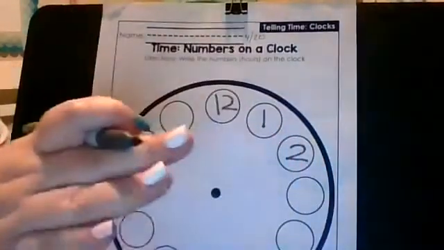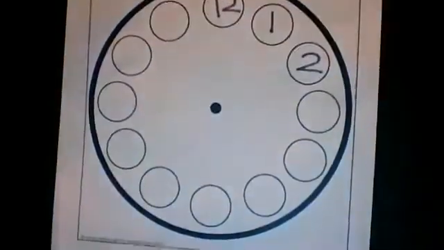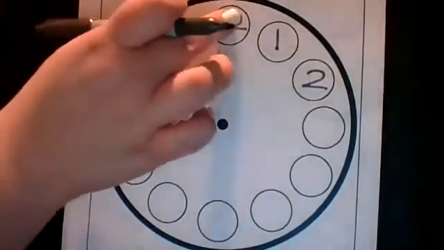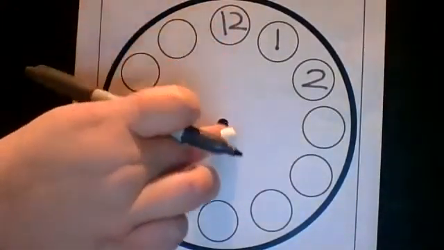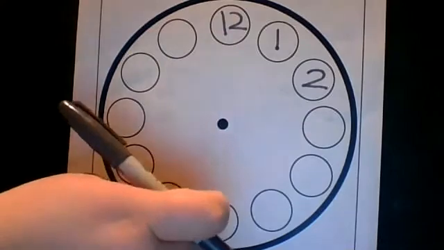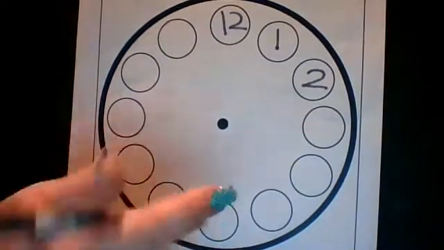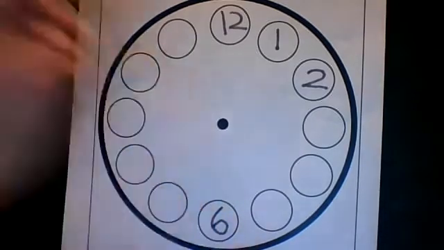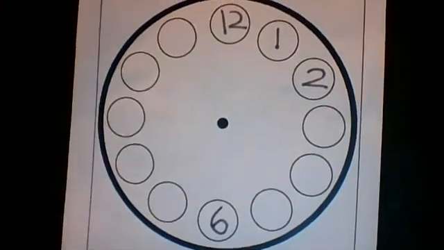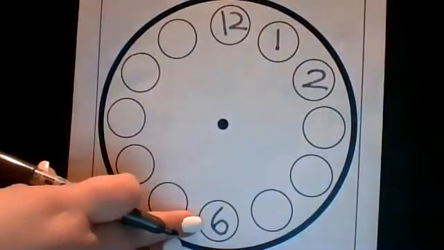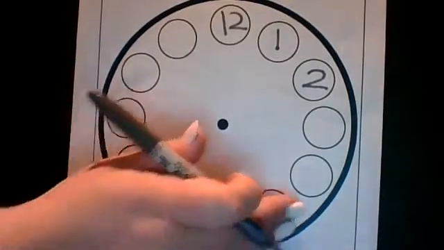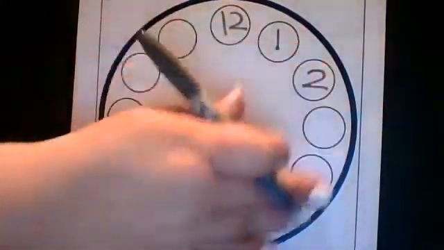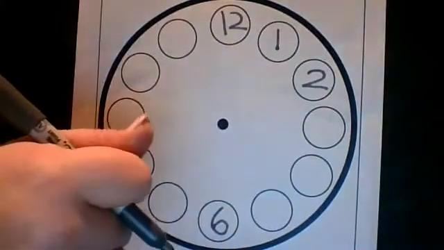Before we get too much farther, I want you to find the circle that is straight at the bottom, right here. In this circle, we're going to write a 6. If you get down here and there's not a 6, then you need to look back over here and fix it. This is like our checkpoint.